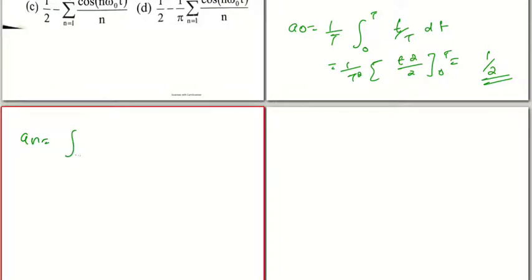an is equal to 2 divided by T integral 0 to T of f of t cos n omega 0 t dt.